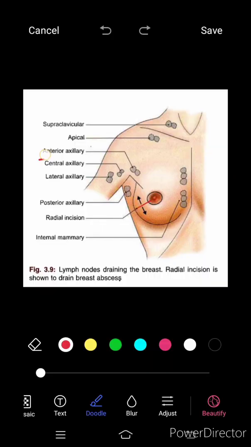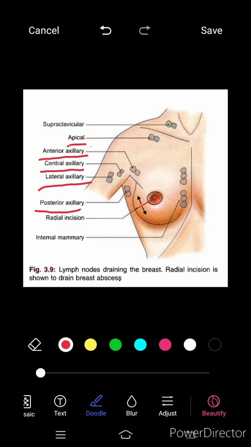Now let's see the lymph nodes draining the breast. So there are 5 axillary lymph nodes, and they are anterior axillary, posterior axillary, lateral axillary, central axillary, and apical lymph nodes.